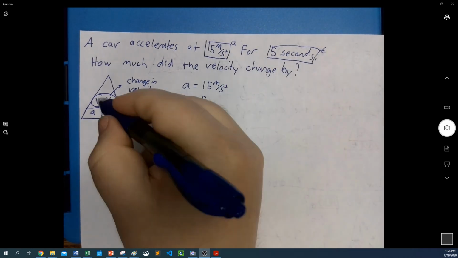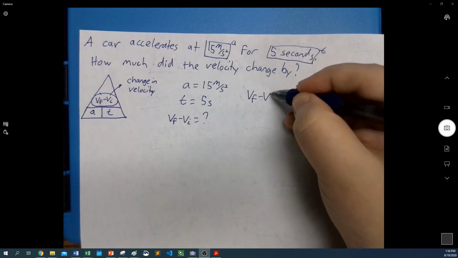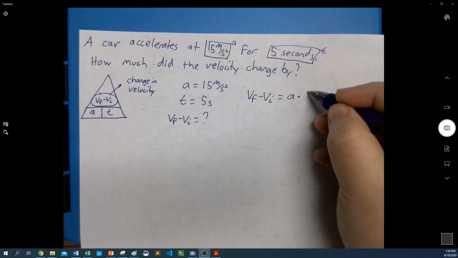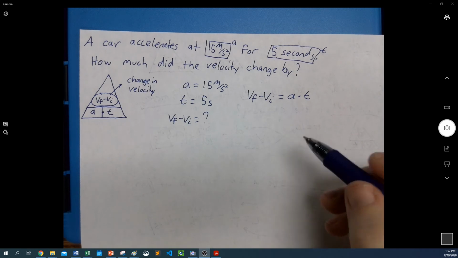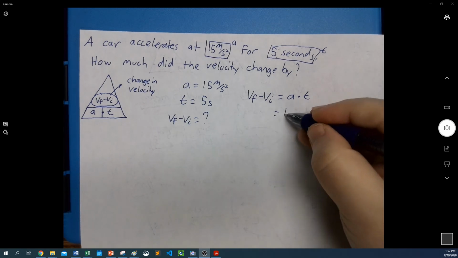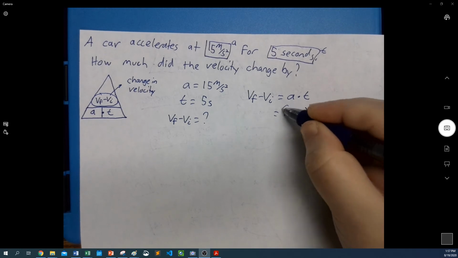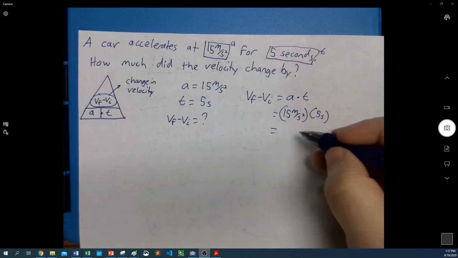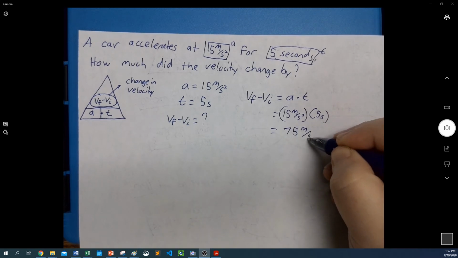So circling this, Vf minus Vi is equal to A times T. So that would be 15 meters per second squared times 5 seconds. And that would be 75 meters per second.